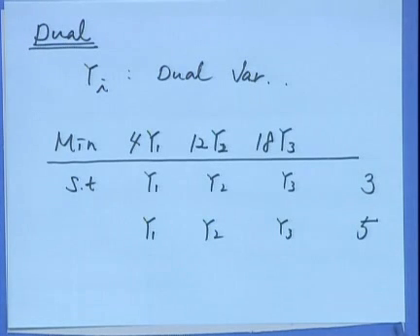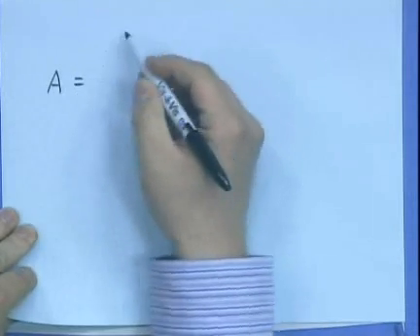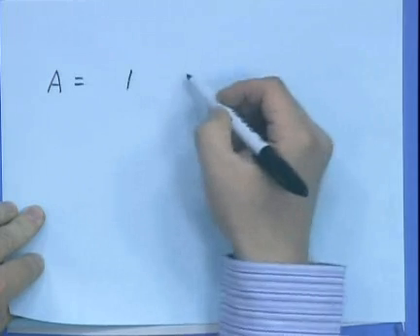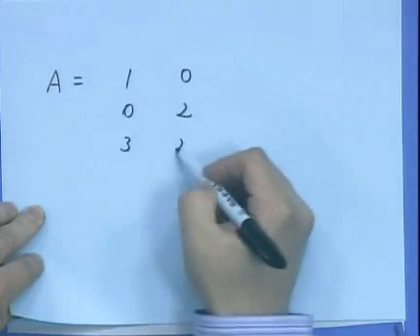And the constraint coefficients in the dual problem are the transpose of the constraint coefficients in the primal problem. Currently, the constraint coefficient matrix in the primal problem is A, which is 1, 0, 0, 2, 3, 2, right?